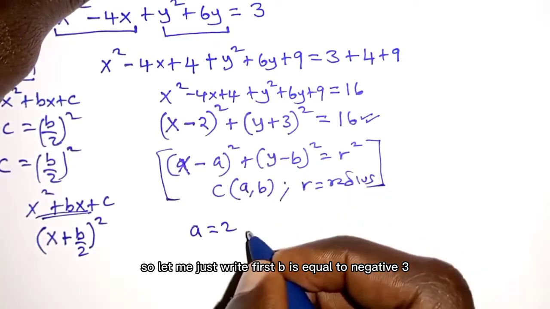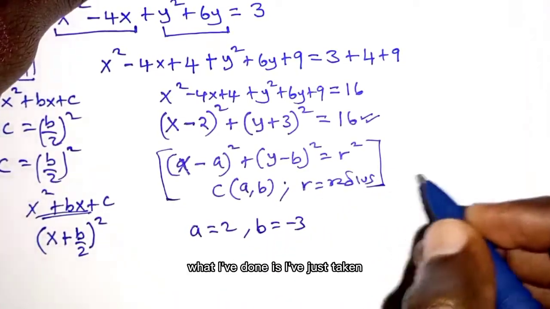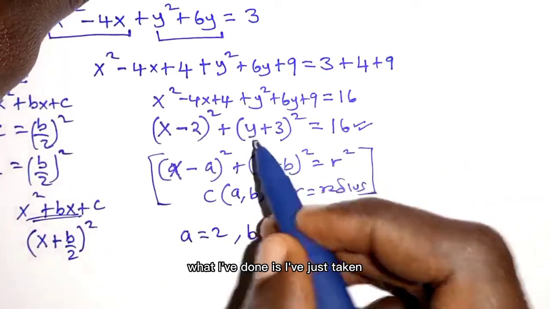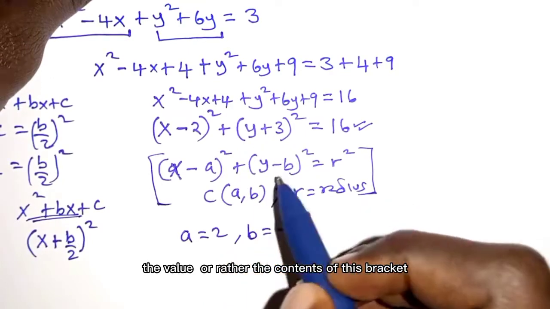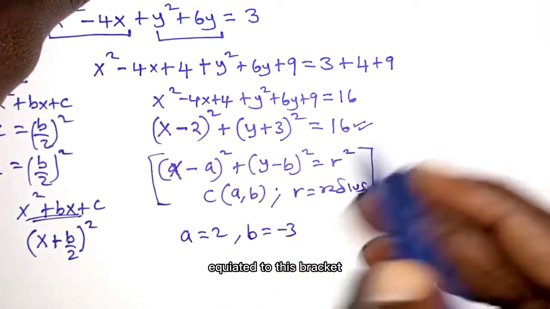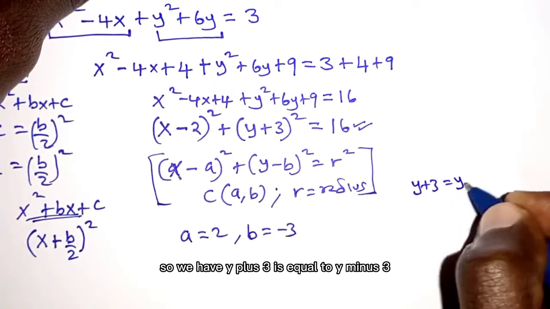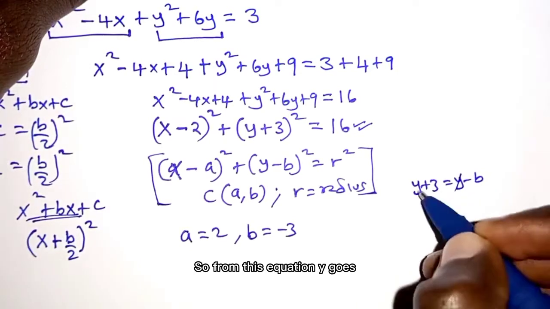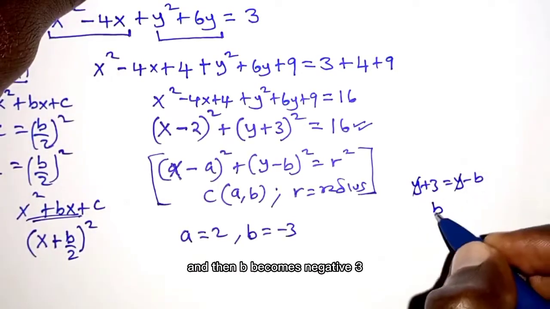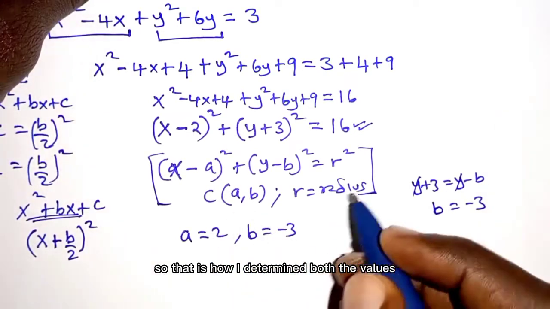So let me just write first, b is equal to negative 3. What I've done is I've just taken the contents of this bracket equated to this bracket. So we have y plus 3 is equal to y minus b. So from this equation, y goes and then b becomes negative 3. So that is how I've determined both values.